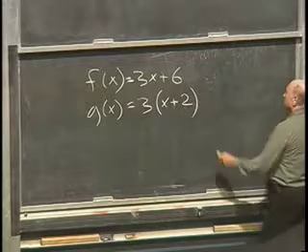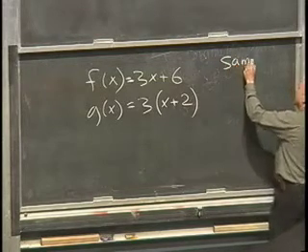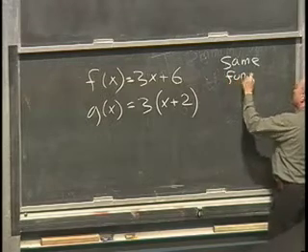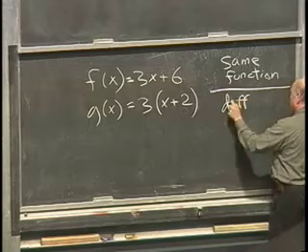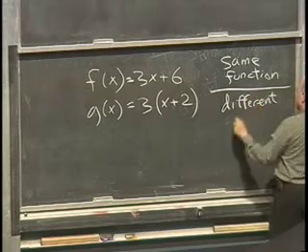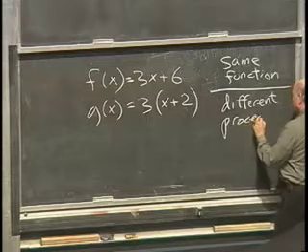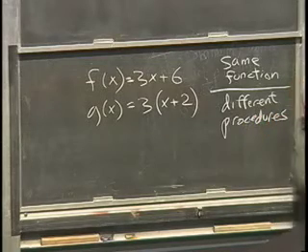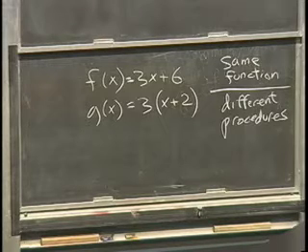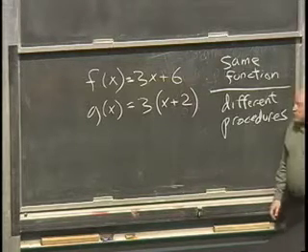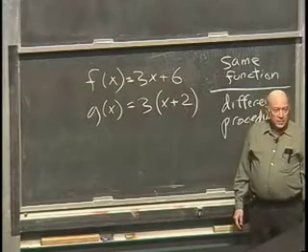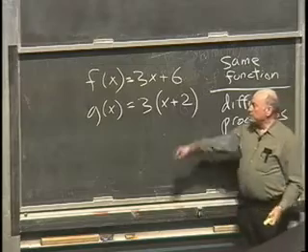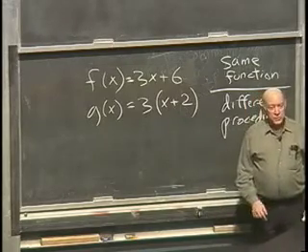I like that. So these are, we are going to say, the same function but different procedures. A procedure is the instructions on how to go about computing a function. So if I ask for f of 5, the calculation that I do is 3 times 5 is 15 plus 6 is 21.